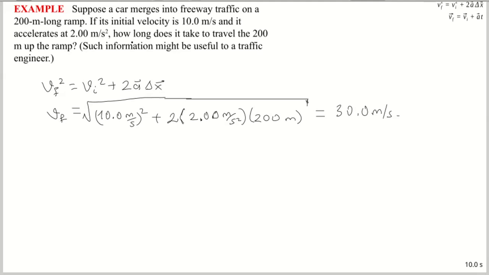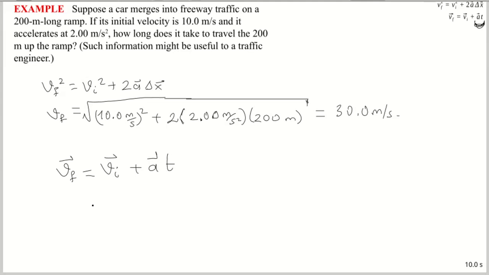Still, we have to go one more step. How long does it take? This was the time independent kinematic equation. Now we have to use the time dependent form of the same equation: v final equals v initial plus a times t, as shown here.